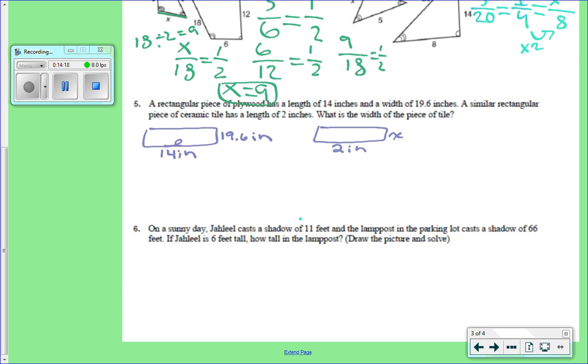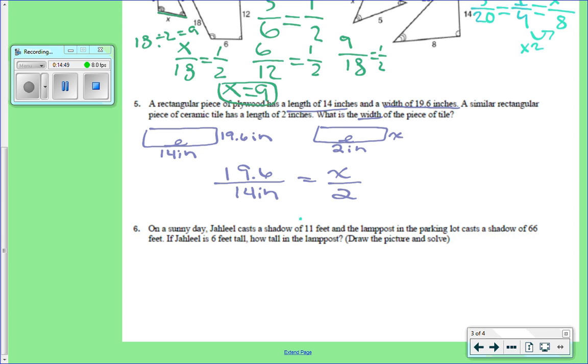So remember, this represents length in the word problem. So when I labeled my 2 inches, they correspond with length and length, right? And width is 19.6 inches, and that's what we're trying to find is the width. And you can kind of see it's already set up in a proportion. Do y'all see that? So you could just put 19.6 over 14 equals X over 2.